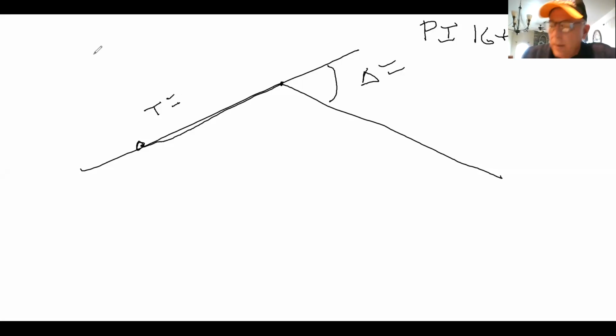Okay, so here's the tangent length. If you look at the formula, the tangent length is equal to the radius multiplied by the tangent function of the delta over 2, which is the number we just calculated.